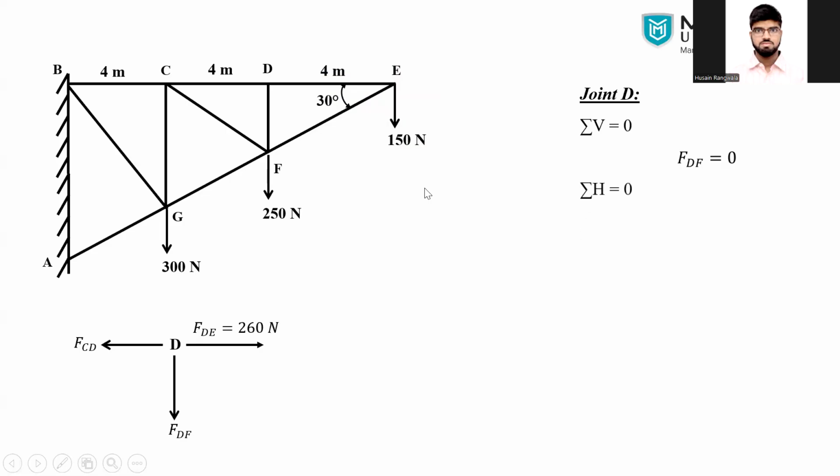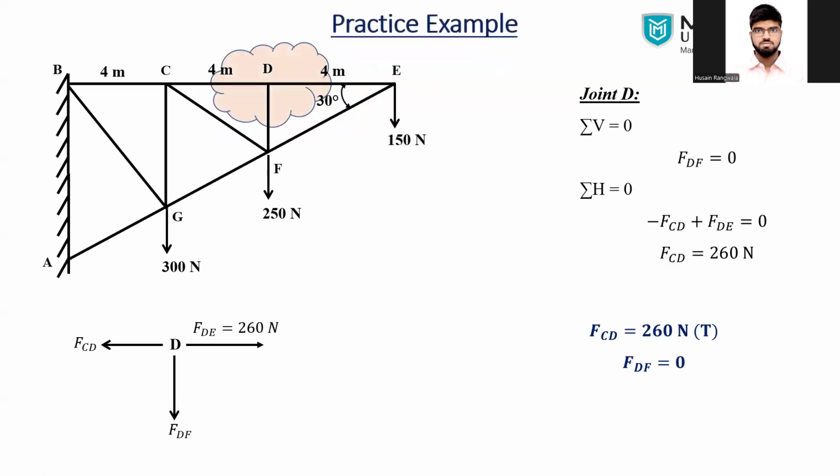Similarly, if we apply sigma H equal to 0, we can see the two forces: FDE minus FCD equal to 0. So FCD is nothing but 260 Newton. So the summary of this joint is FCD is 260 Newton tension, while FDF equal to 0. So that's about the joint D.